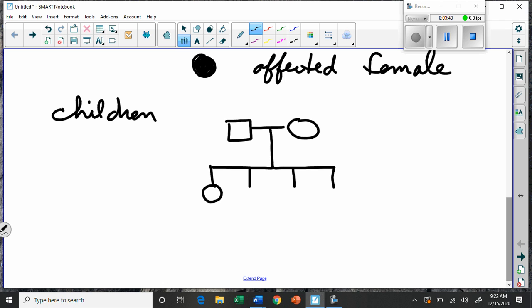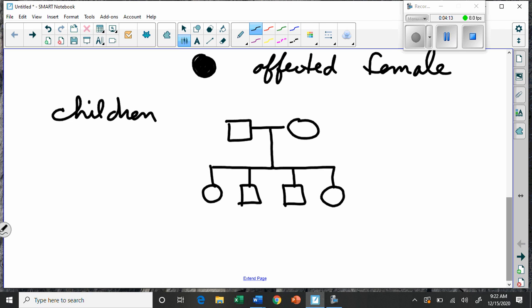So maybe there's a girl and a boy and a boy and a girl. And we typically put them in order of oldest to youngest. Not necessarily, it doesn't have to be that way, but typically the oldest goes on the left, and then they go down towards the youngest. But again, that's not critical.